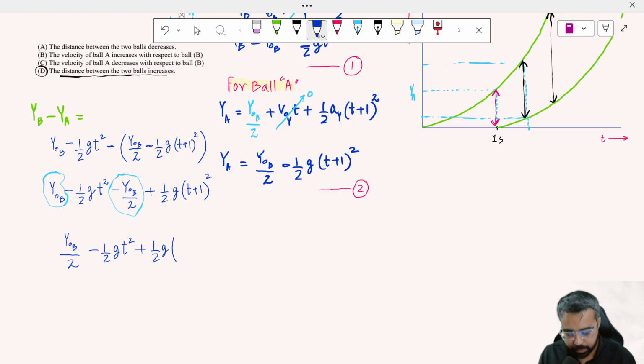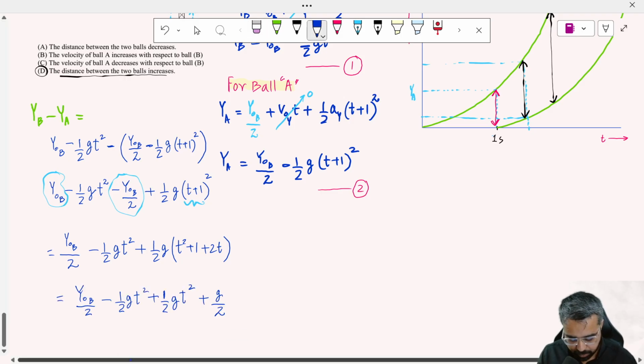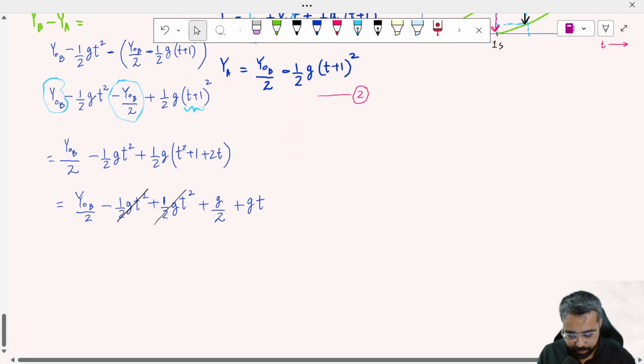I have to open the square of t plus 1, which will give us t square plus 1 plus 2t, and then you can open the brackets. So plus g over 2, plus 1 over 2 g into 2t will give us gt. Now we see that these two terms cancel out.